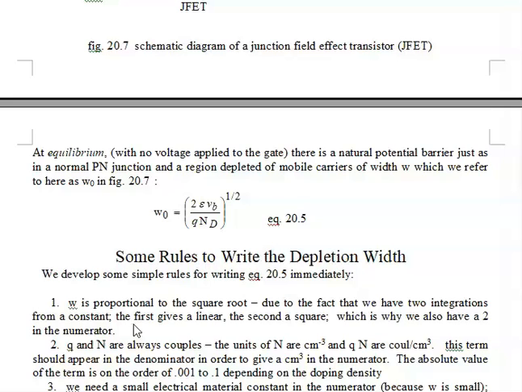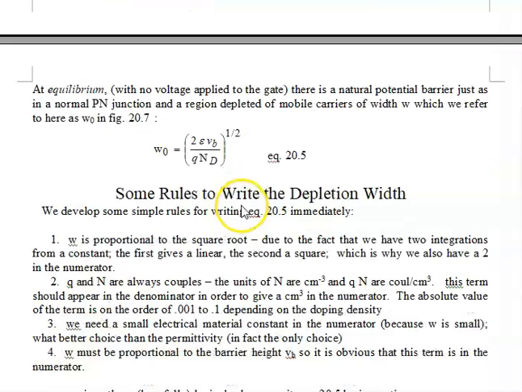Each of those integrations involves a power, so the field is linear, the voltage is parabolic, and when we isolate the depletion region, we have to have the square root, because if we had an expression for the voltage in terms of the depletion region width, we would have a parabolic, a square. So that's where the 1/2 comes from.